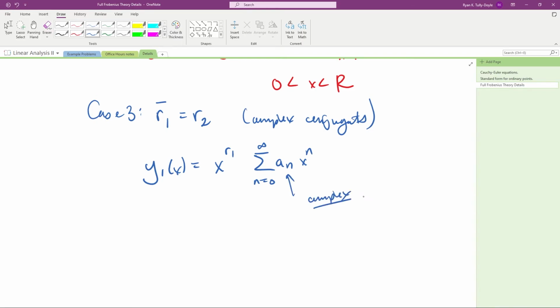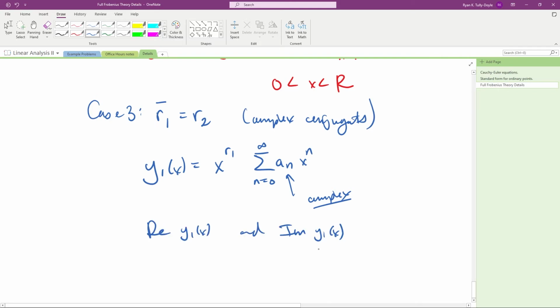But the basic idea here is that because those roots are complex, you can always take the form that you've got here, and it's going to turn out to be the case that y1 of x actually has both linearly independent solutions living inside of it. After all, we're interested in real valued solutions to the differential equation, not complex valued solutions.